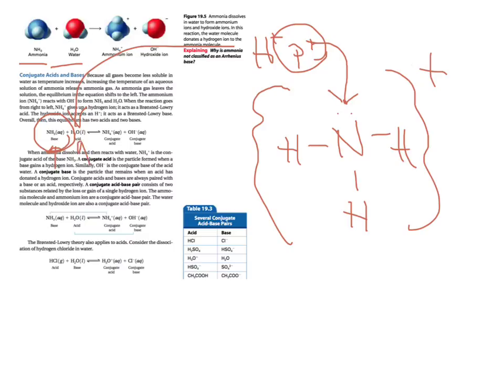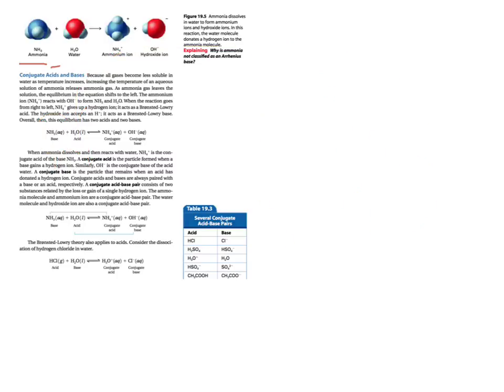So you have a proton donor in your acid and a proton acceptor in your base. Well, how does that help you understand those problems with respect to the conjugate acid-base pair? If you notice on the right-hand side of the equation over here, what you end up making is the ammonium ion.